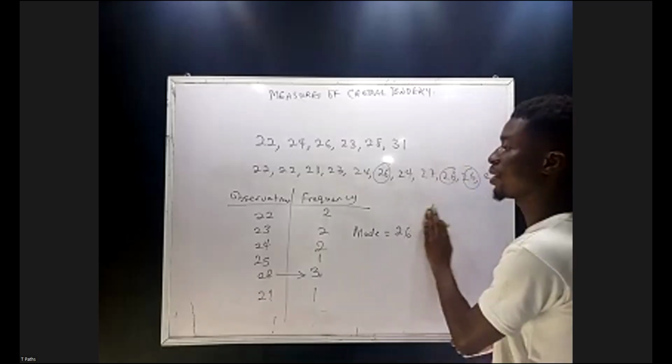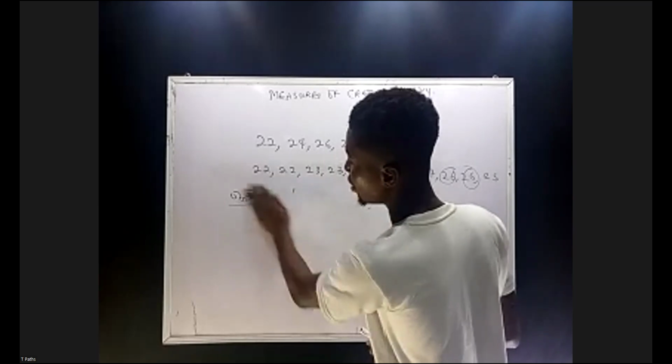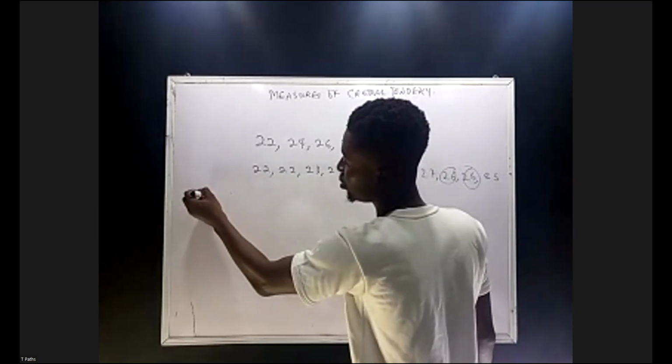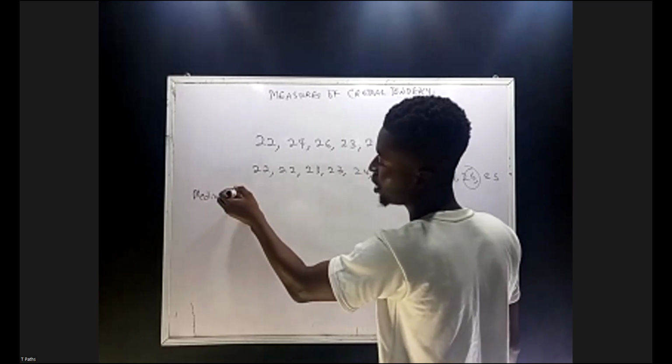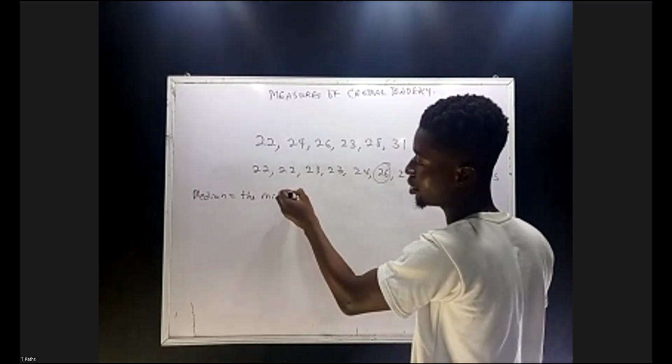Now let's move to the last part, which is the median. The median is the last measure of central tendency. What's the median? The median is simply the middle number.